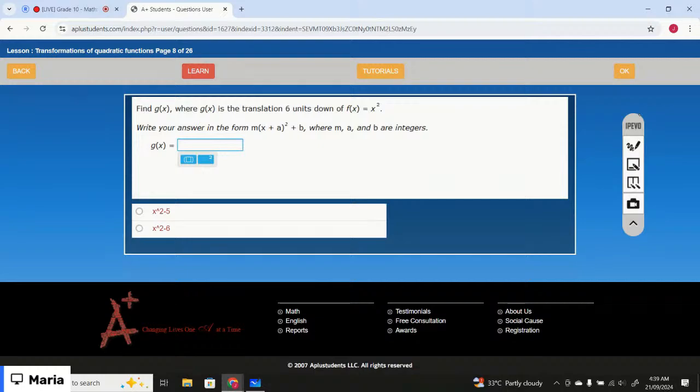Find g of x where g of x is the translation 6 units down of f of x equals x squared.